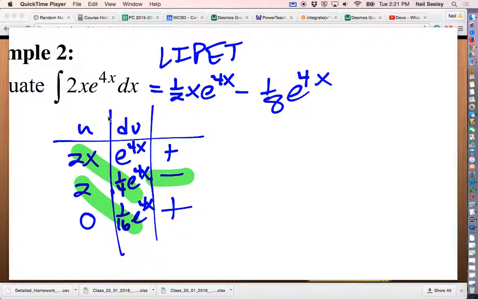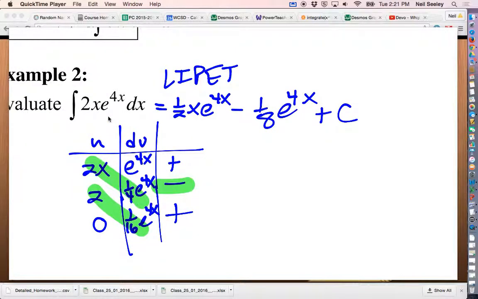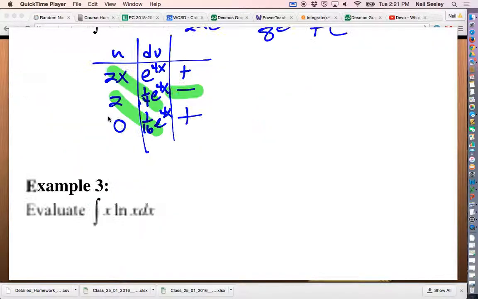And we're done from there, plus c. Once you get to the end of the row. And if you look back at what we did last time, same result. But man, that went a lot faster. Gotta love that.